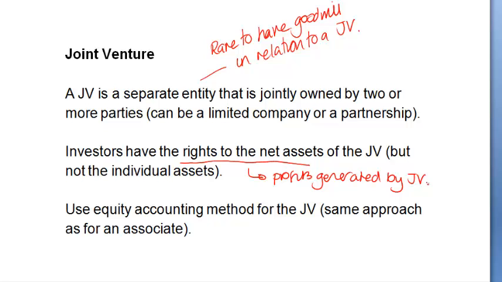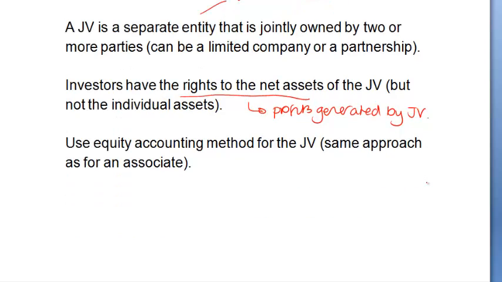You had a choice of either something called proportional consolidation or equity accounting. Under the new rules, you can only use equity accounting. Okay, so this is exactly the same method we would use as for an associate. This brings IFRS in line with US GAAP.